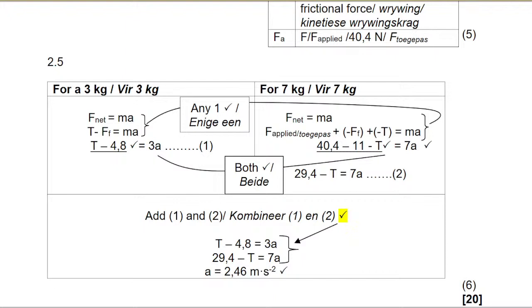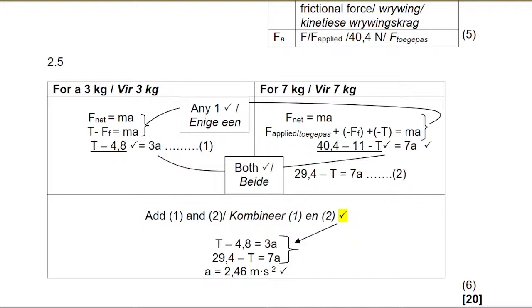Whether they add or they decide to substitute one in terms of the other, as long as they attempt to do that before they get the actual answer, they will get a mark for that addition, which is an extra mark that was not there previously, and then it will be the mark for the acceleration. So instead of 5 marks, now it will be 6 marks.